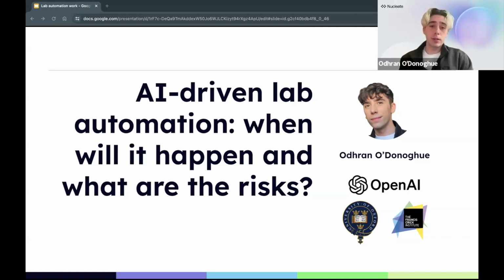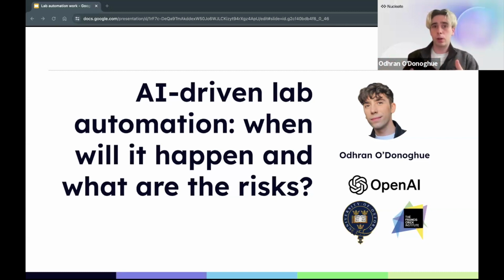Thanks for coming, everyone. I'm Odhran, and I'm going to be talking a little bit about AI-driven lab automation. First, I'll talk about why I think I'm qualified to talk about this. I previously did medical sciences, then a PhD in machine learning at Oxford, and that formed a lot of my background work, which was mostly in medical and biomedical settings. From there, I worked with Sam Rodriguez, leading a team within his team, working on AI methods for writing biological protocols.